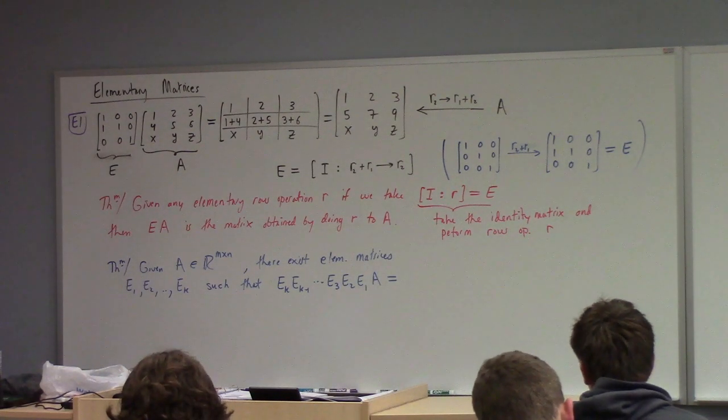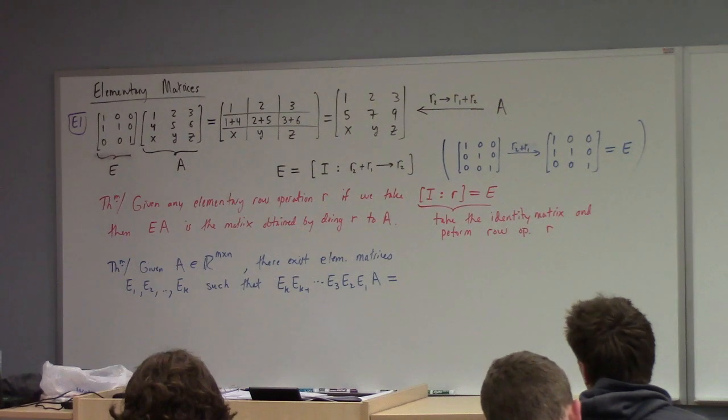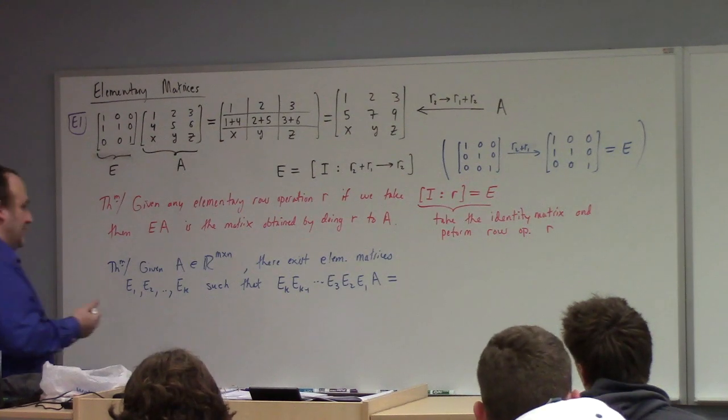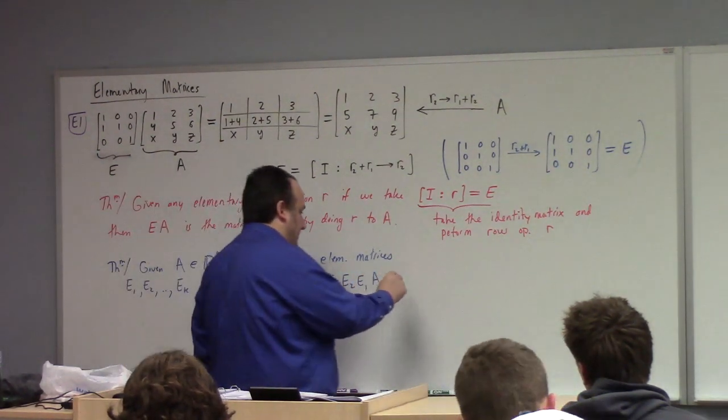What can I do with elementary row operations if I do enough of them? And I follow the Gauss-Jordan elimination, right? Do the forward pass, do the backwards pass. We can get to our beloved reduced echelon form of A, right?